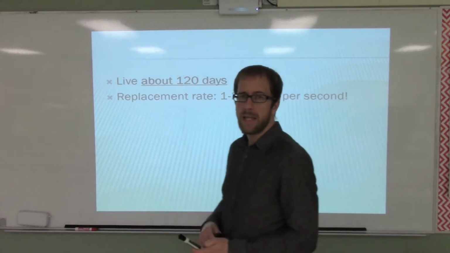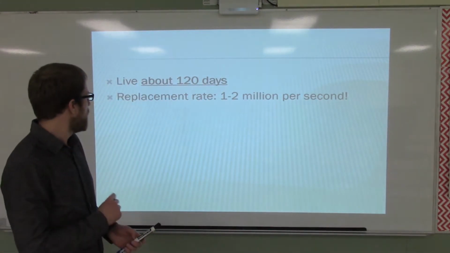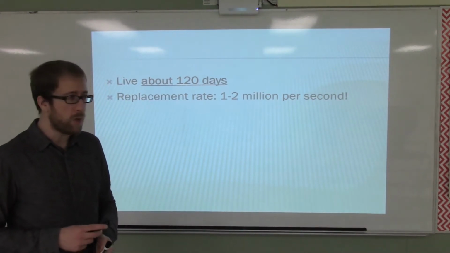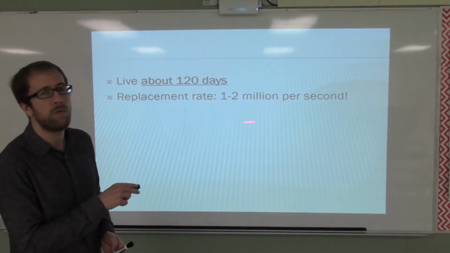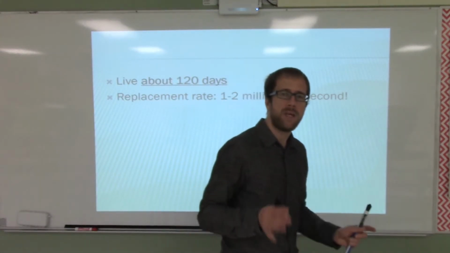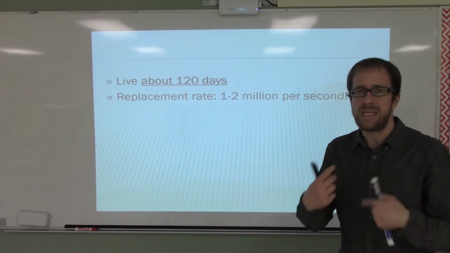Red blood cells, they live about 120 days, and you are replacing them all of the time, at the rate of about 1 to 2 million per second. So you have an immense amount of red blood cells in your body, and they are constantly being recycled.